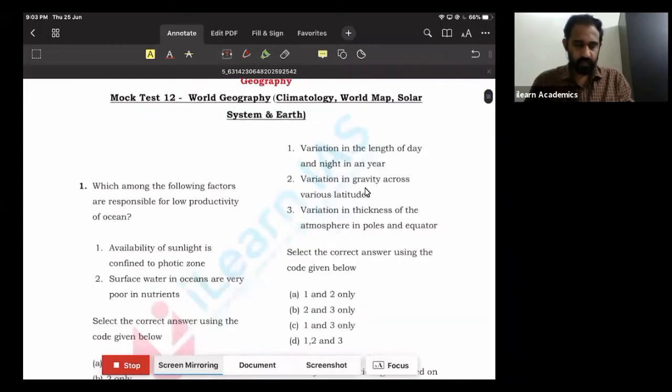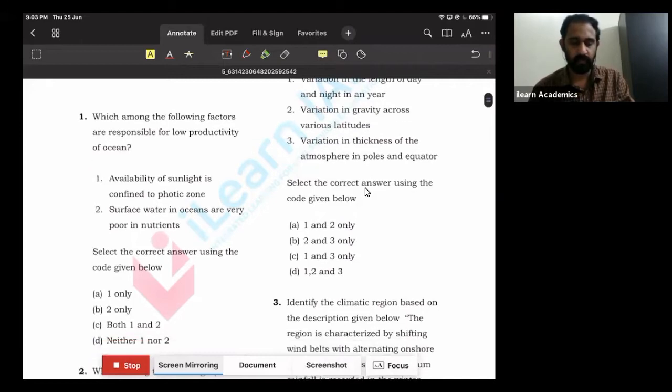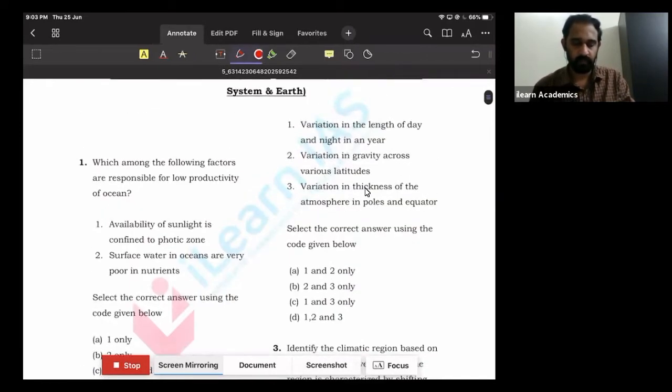So the first question is about the reasons for low productivity of oceans. We know that the productivity of oceans will depend on three factors. One is the dissolved oxygen, usually more in the upper layers.